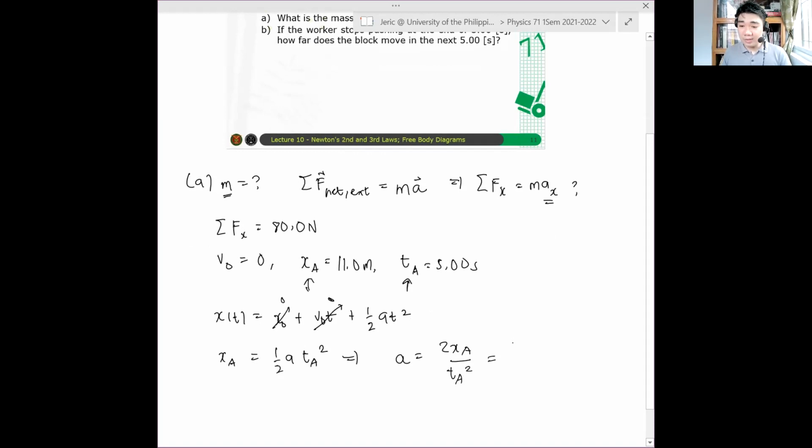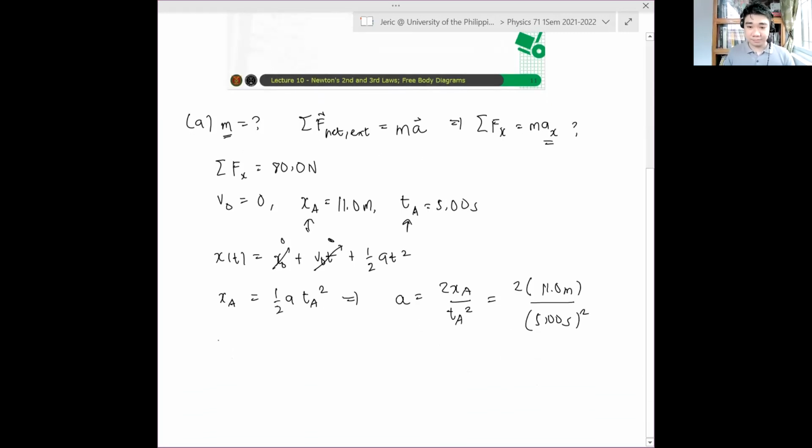And hence, we have 2 times 11.0 meters divided by ta, which is 5.00 seconds quantity squared. And when we do that, ano yung magiging acceleration mo therefore? Nakuha nyo ba? Using your calculator, ang lalabas apparently ay 0.88 meters per second squared.